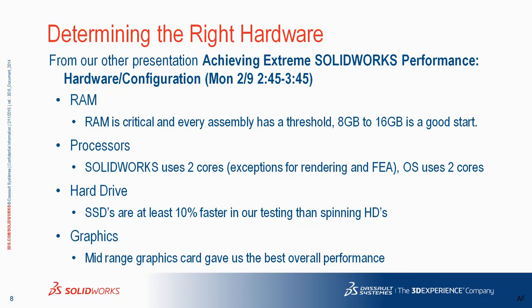So in determining the right hardware, what we were going to use in this, we basically went with our test from the hardware side of this endeavor and picked what we had for the optimal machine. What we've noticed, RAM's critical to everything in a SOLIDWORKS environment.